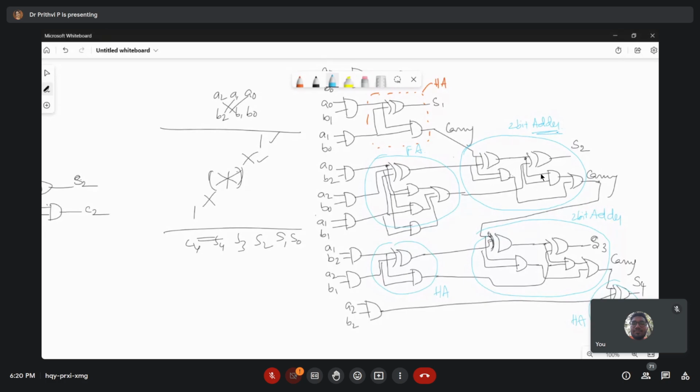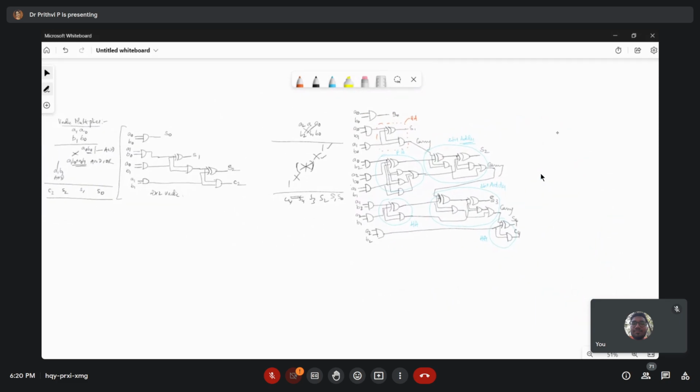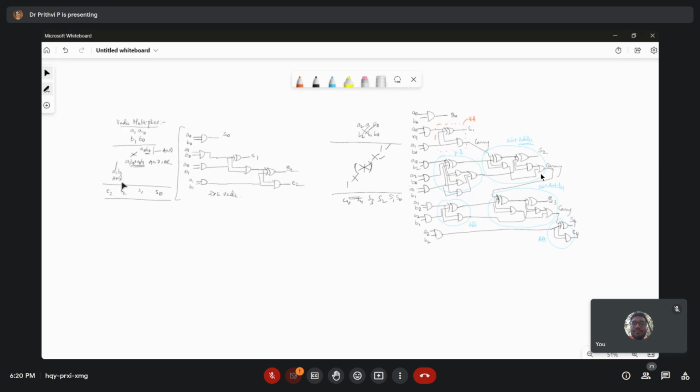Now, from the 2-bit, when you are going to 3-bit, we see a huge change in complexity. That means if I attempt to design a 4-bit Vedic multiplication, this circuitry becomes so huge and complex.